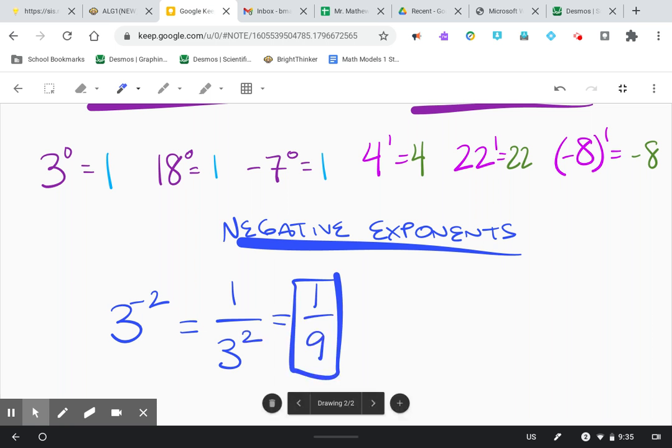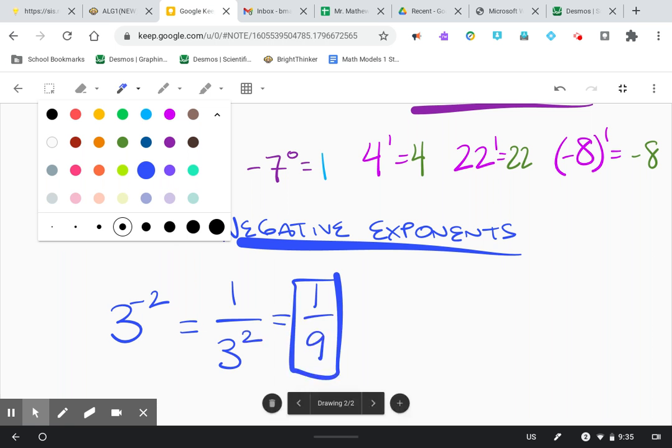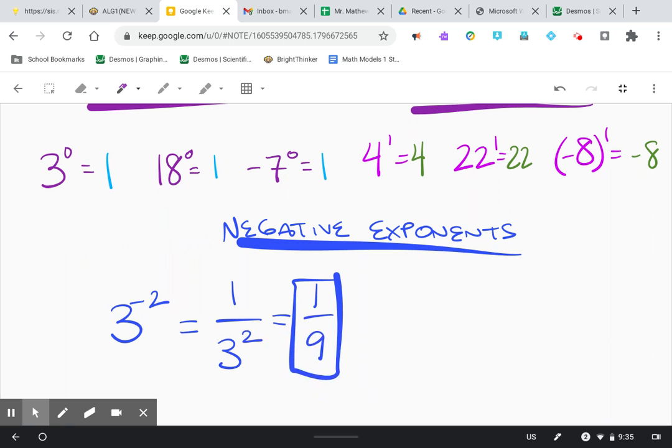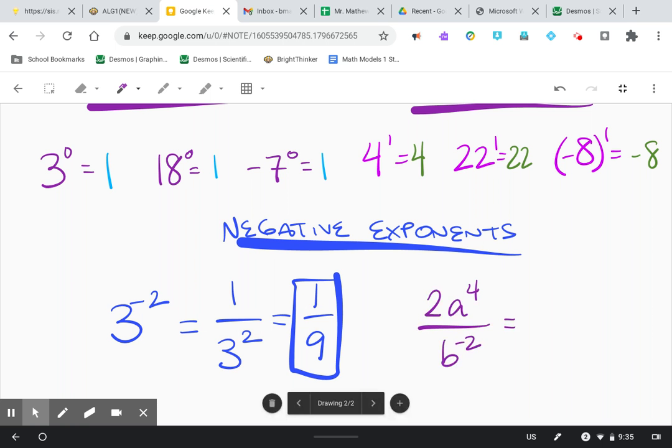In other words, if you have a negative exponent, you can move it from one side of the fraction to the other, and it becomes positive. For instance, if I have 2a to the 4th divided by b to the negative 2, I need to make that b a positive exponent by moving it to the top, and it becomes b squared.